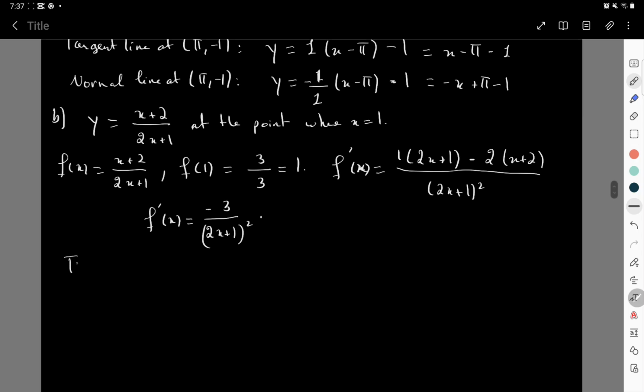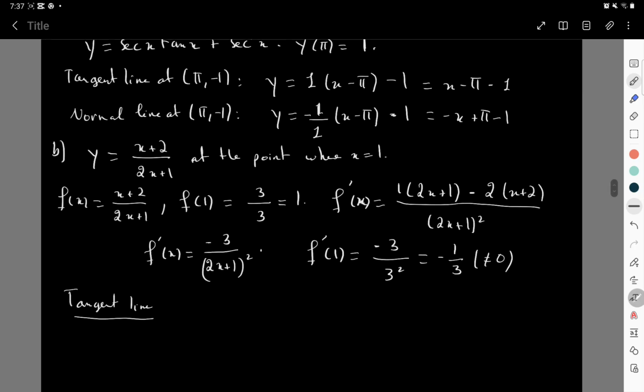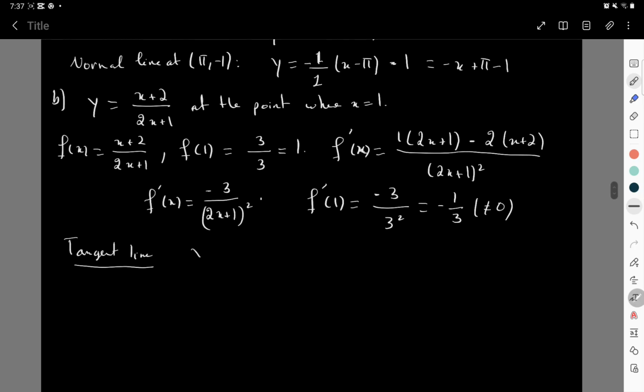Okay, so the tangent line, what is f prime of 1 here? F prime of 1 is minus 3 over 3 squared, which is minus 1/3, which is different than 0, of course. So what is the equation of the tangent line?